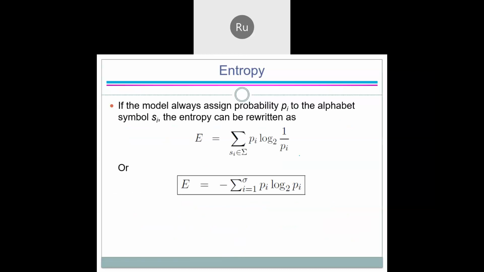So they simplify this one. The entropy now will be the summation over all the classes or terms that we use in a data set. This is the probability of having that particular symbol in your text.